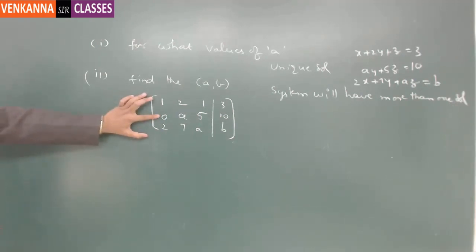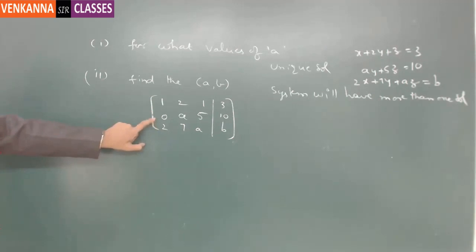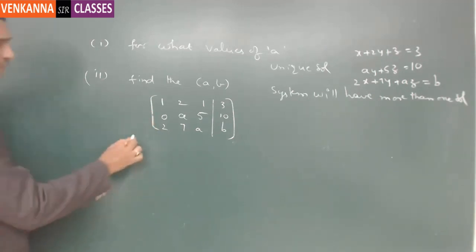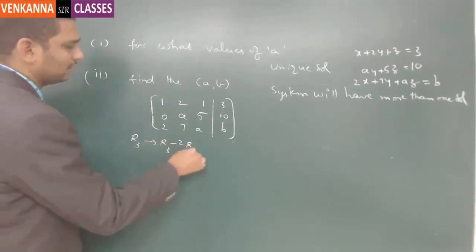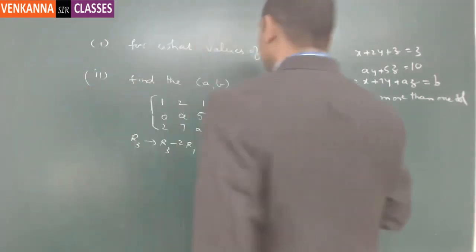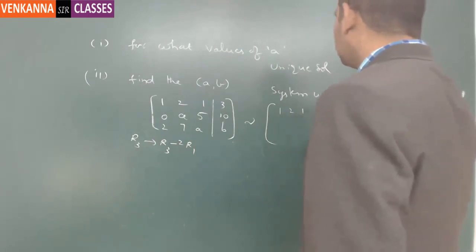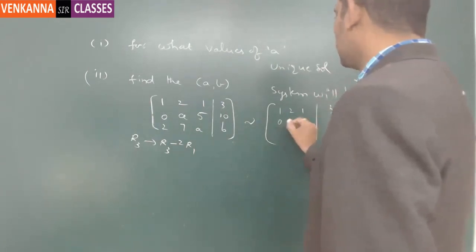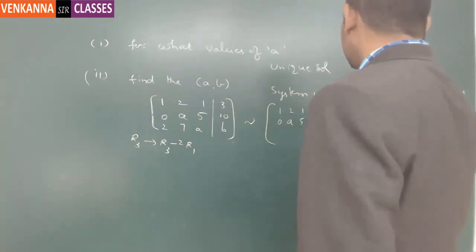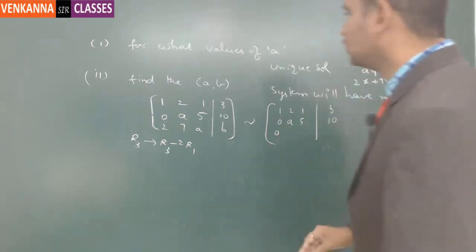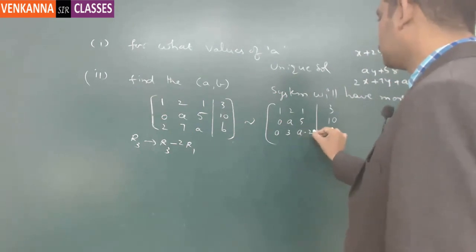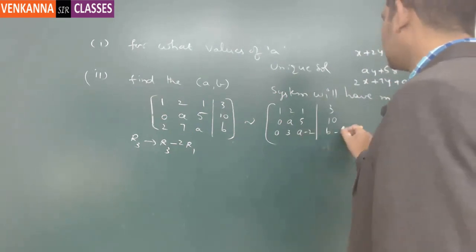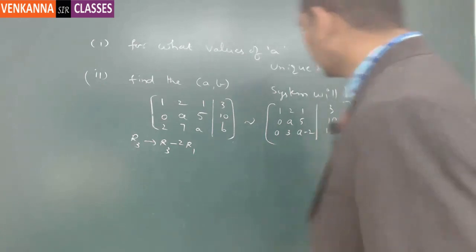Since the entry below the first diagonal element in row 2 is already 0, we should make the one in row 3 zero. So we apply R3 tends to R3 minus 2R1. It will be equivalent to 1, 2, 1, 3; 0, a, 5, 10; 0, 3, a minus 2, b minus 6. Accepted?